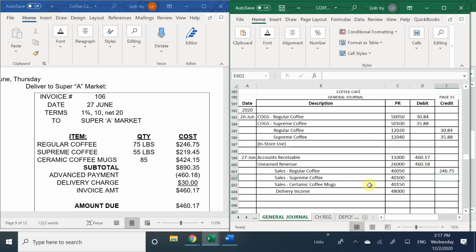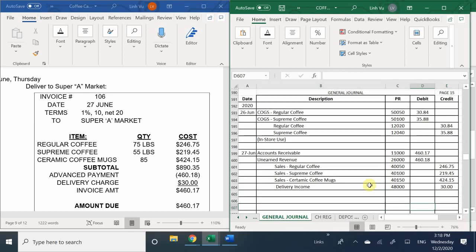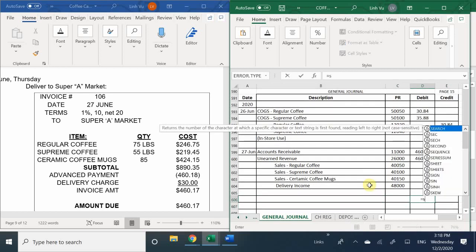Supreme is $219.45. The mugs are $424.15. And the delivery income is $30. Here.